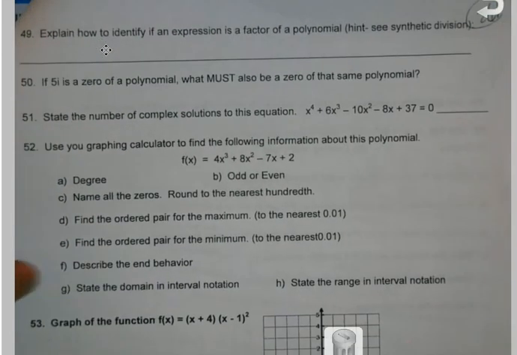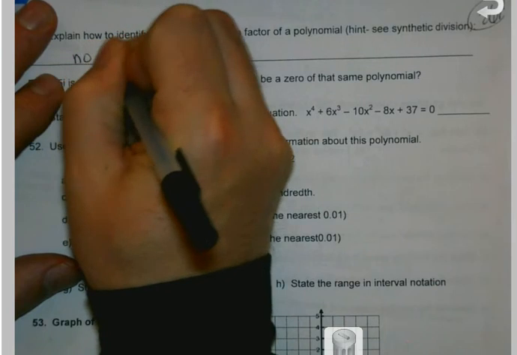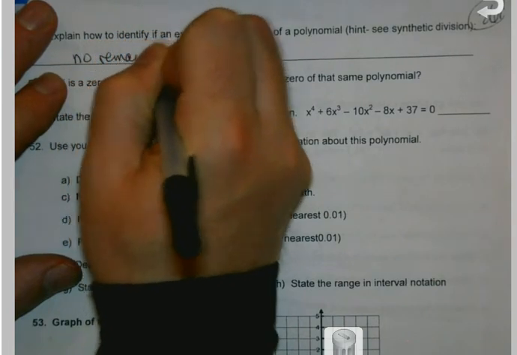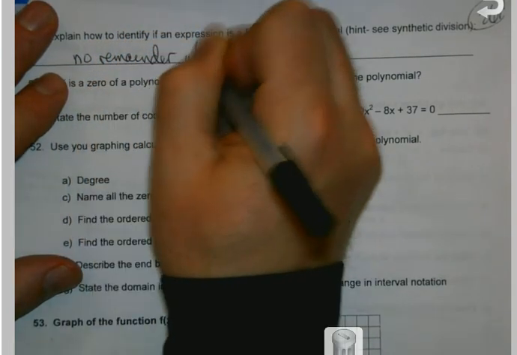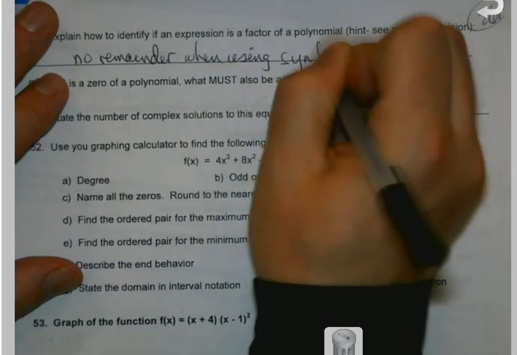Explain how to identify if an expression is a factor of a polynomial. Hint, see synthetic division. When you synthetically divide and you have like x equals 3, and you plug that in, what are you going to get at the end if it's actually a factor? You'll have no remainder when using synthetic division.